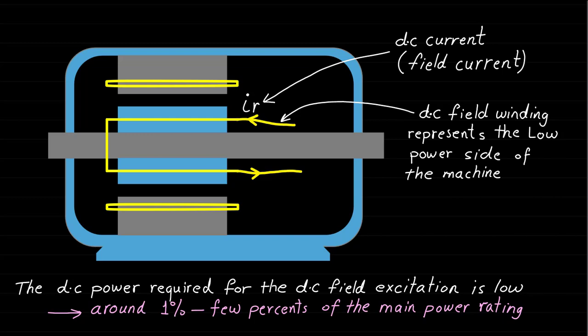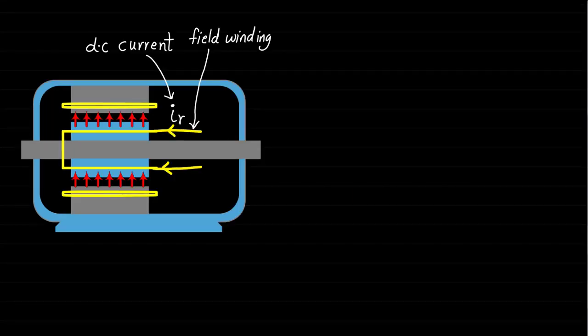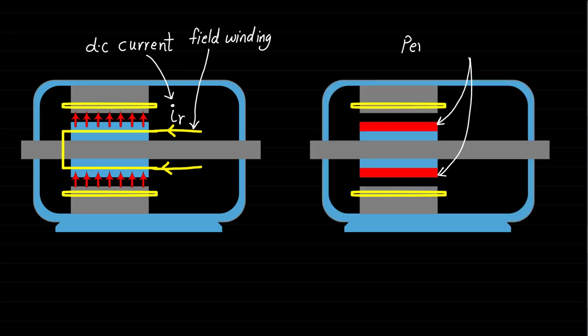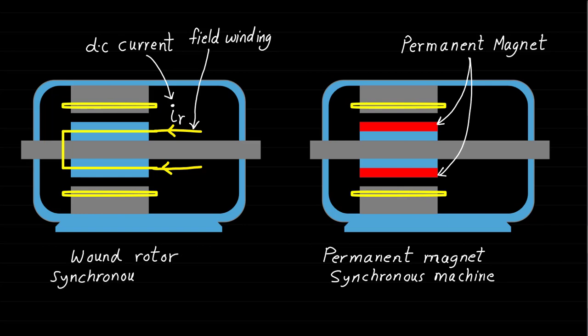It should be noted here that the rotor magnetic field of the synchronous machine can be produced by using field winding and DC current or by using permanent magnets. Synchronous machine with permanent magnet is called permanent magnet synchronous machine, while synchronous machine with field winding can be called wound rotor synchronous machine.